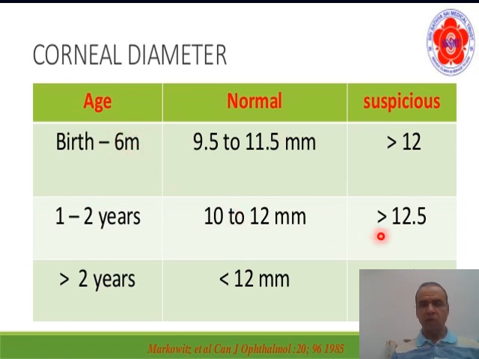Corneal diameter more than 12.5 millimeters is suspicious for a child between 1 and 2 years. And a corneal diameter of more than 13 millimeters is suspicious for any child presented with other signs of glaucoma at an age of more than 2 years.